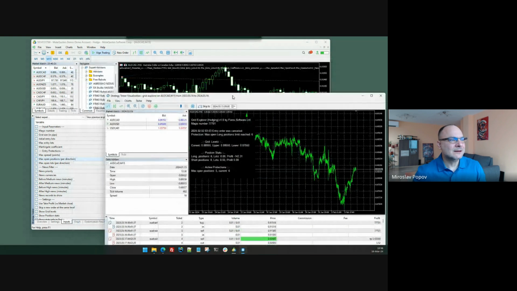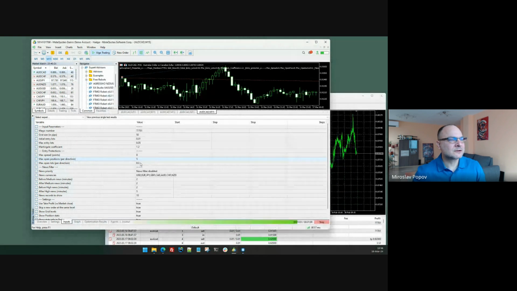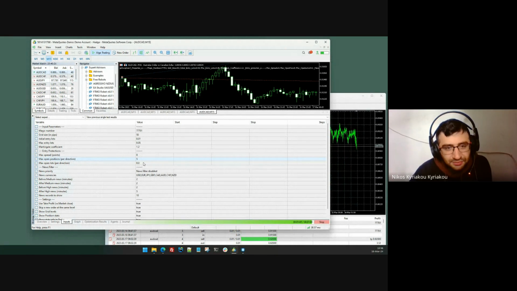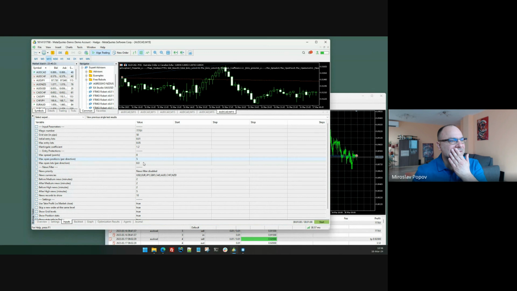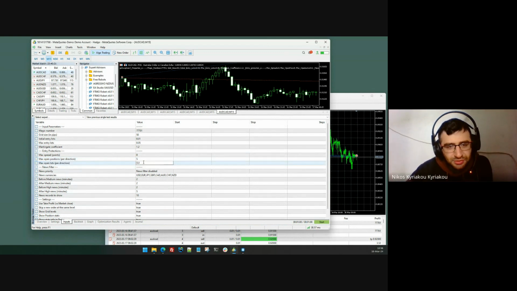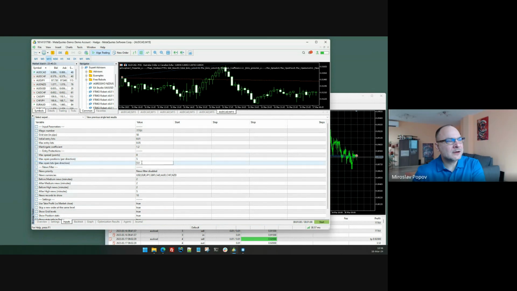The other option, maximum open lots per direction. This makes sense when we use a martingale. Let's limit it. No, it must be higher because we open 5, or in that case 6 positions. We can add 6 times. Let's make it 1.0.